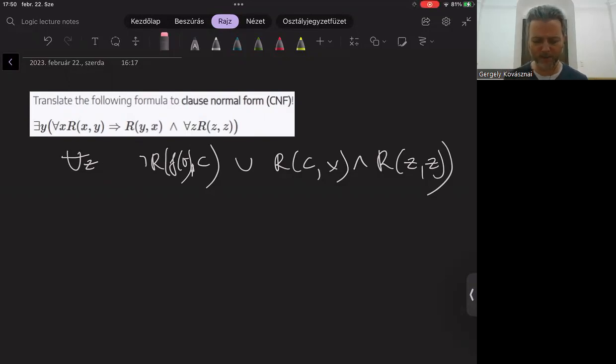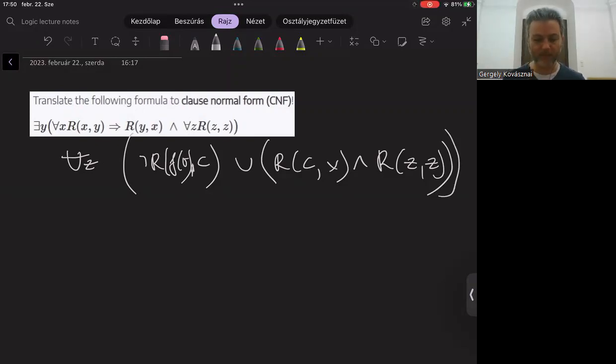Okay, I think we are ready. I just erased the very important parenthesis. So the result is for all z, huge parenthesis, not R(f(v),c), or, I forgot a parenthesis here, or parenthesis starts R(c,x) and R(z,z), and then a bunch of closing parentheses.